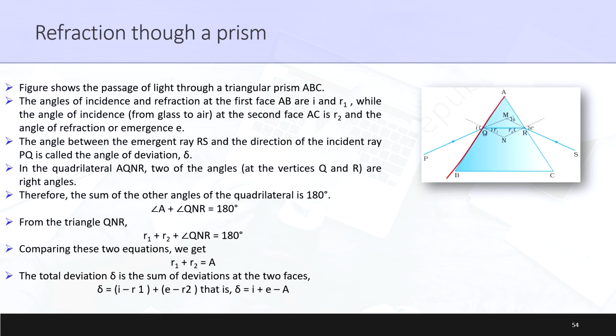As you can see, this is the triangle ABC being formed here. This is the incident light, that is PQ.